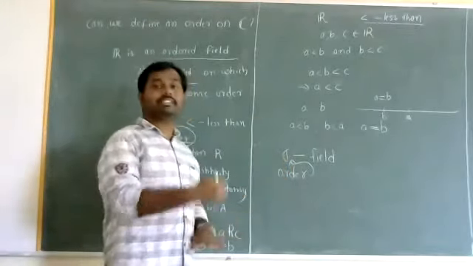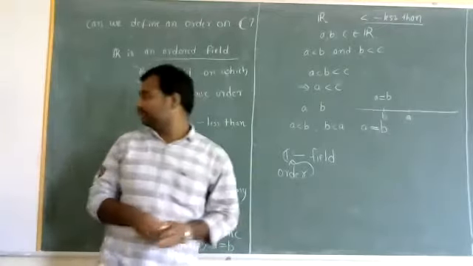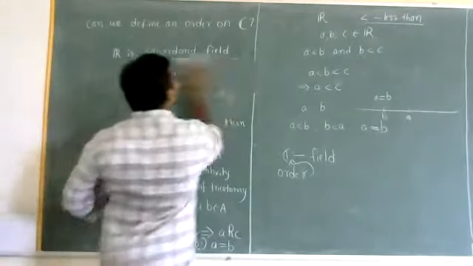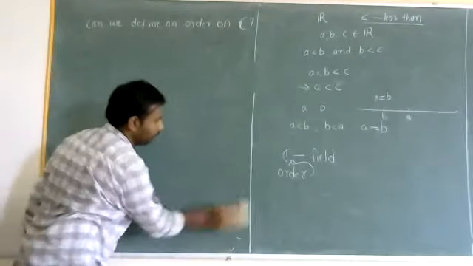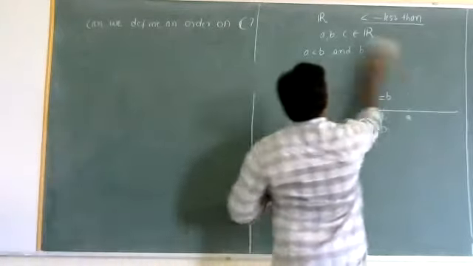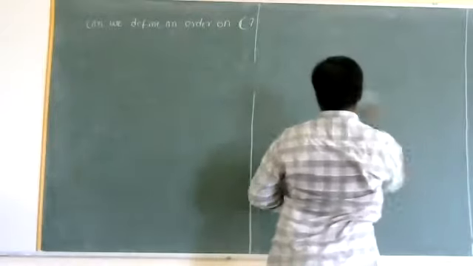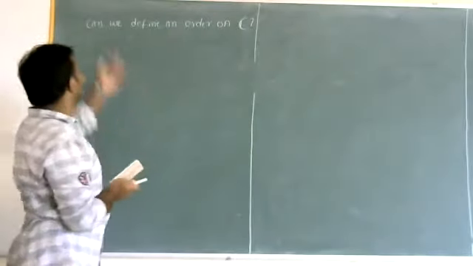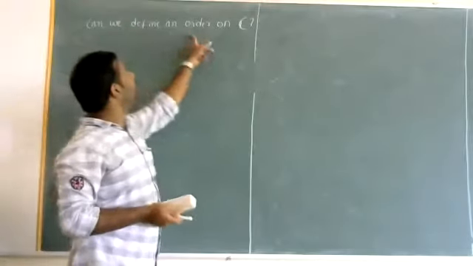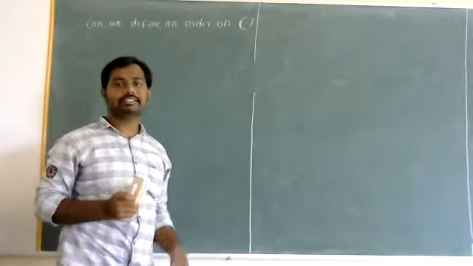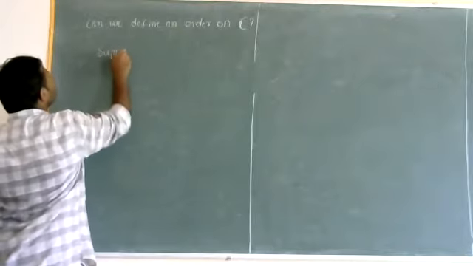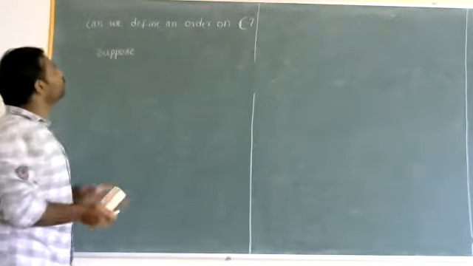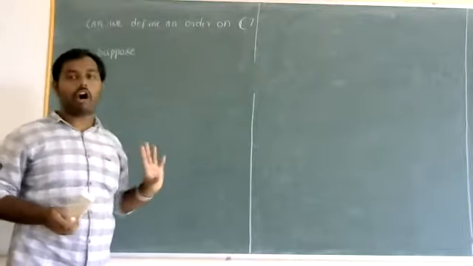Or if we define some order on C, what happens? Now we shall see that. So suppose we assume that we can define an order on C.